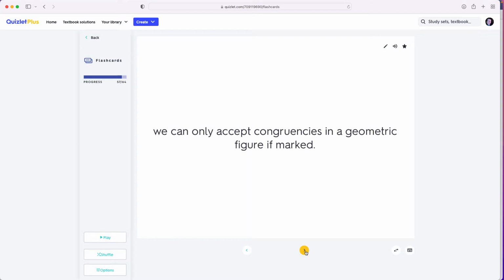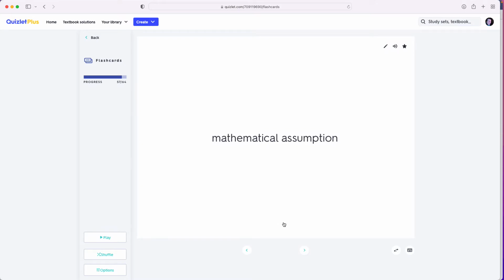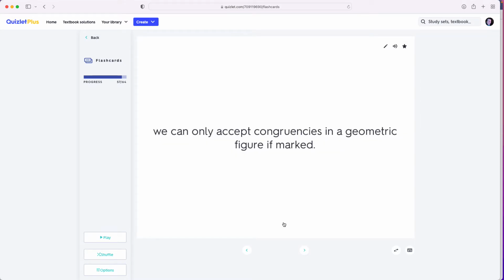We can only accept congruencies in a geometric figure if marked. This is very important when we are doing proofs in geometry or proofs in advanced mathematics. That is our mathematical assumption. We cannot make any assumption other than if a line appears straight, then it is straight. We cannot assume that something is a 90-degree angle unless it has the little square in the corner that tells us it is a 90-degree angle.